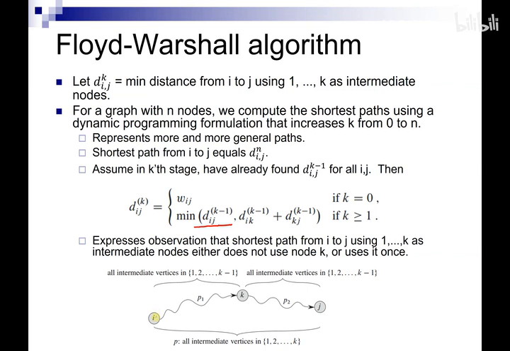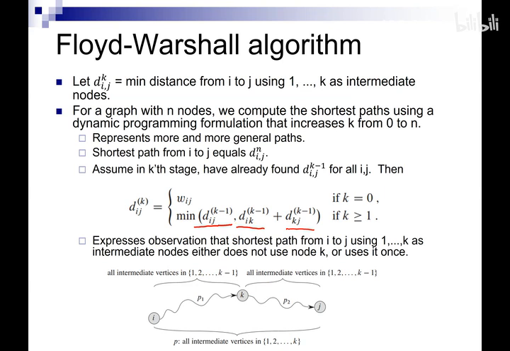In that case, we're going to go from i to k, but this path from i to k cannot use k again. It can only use nodes 1 up to k minus 1. So the minimum path from i to k using only nodes 1 up to k minus 1 is given by this quantity here. And then we need to go from k to j using only nodes 1 to k minus 1, and that's given by this quantity over here.